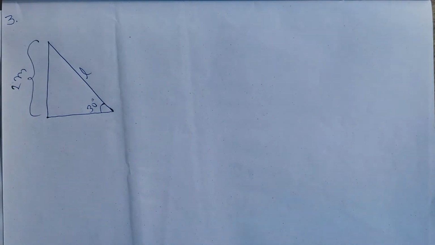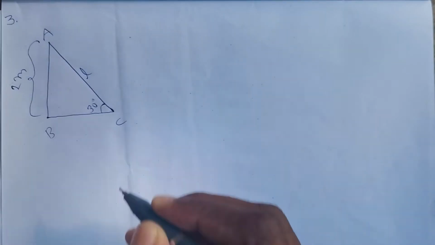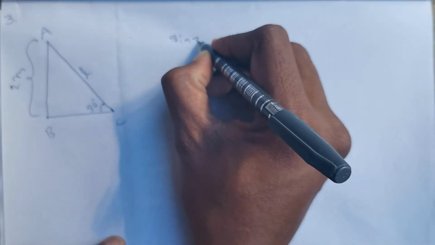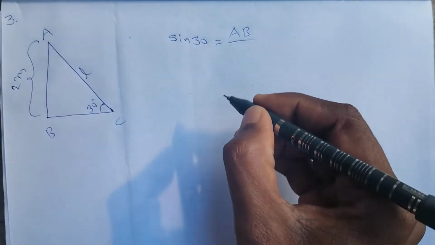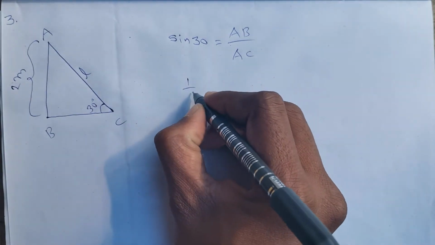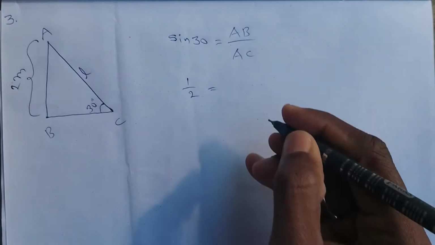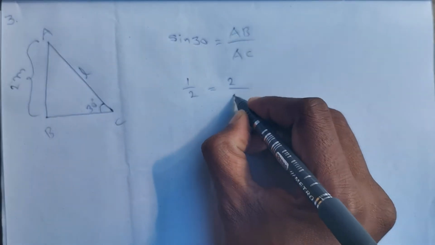Which trigonometric ratio deals with that? Obviously sine. So I am naming it as ABC. So now if I apply sine 30 is equal to opposite AB divided by hypotenuse AC. Sine 30, 1 by 2, is equal to AB, which is given as 2 meters, by AC, which we need to find.